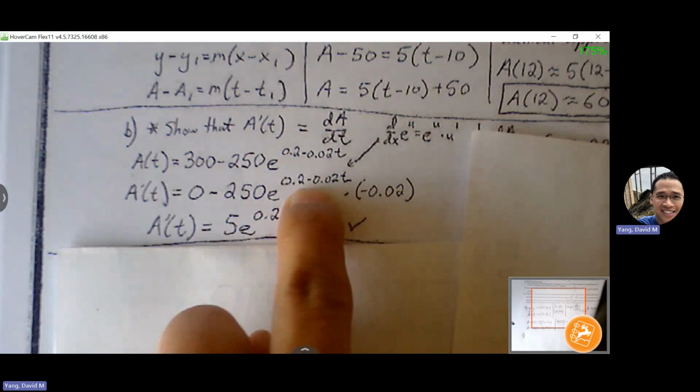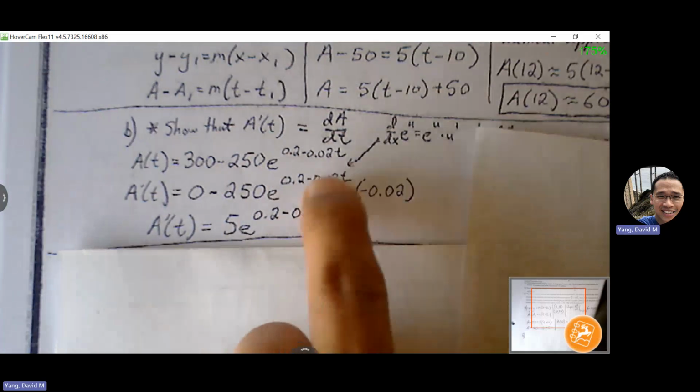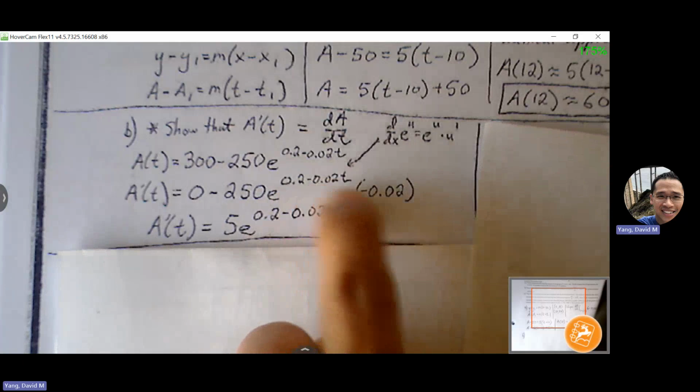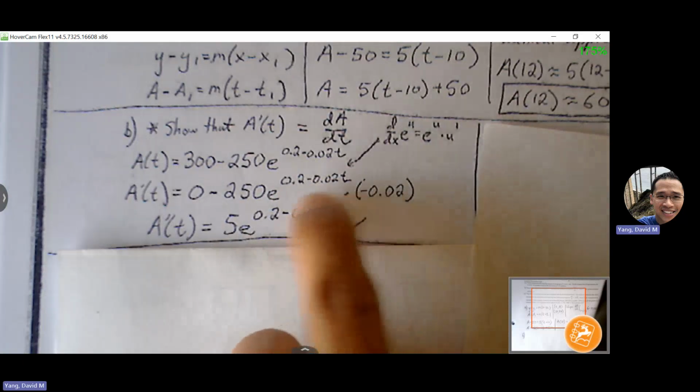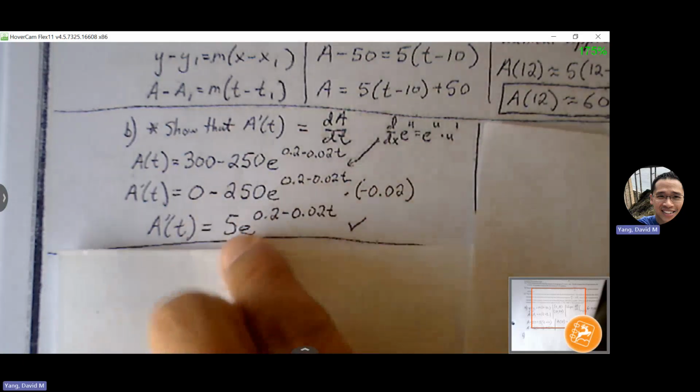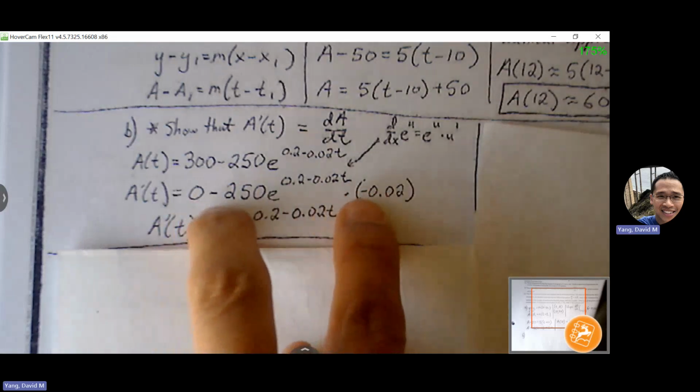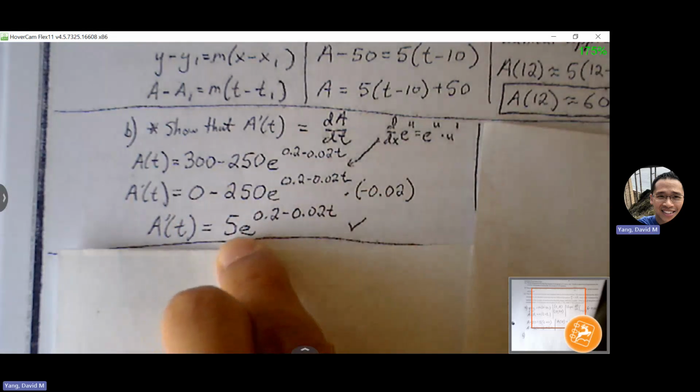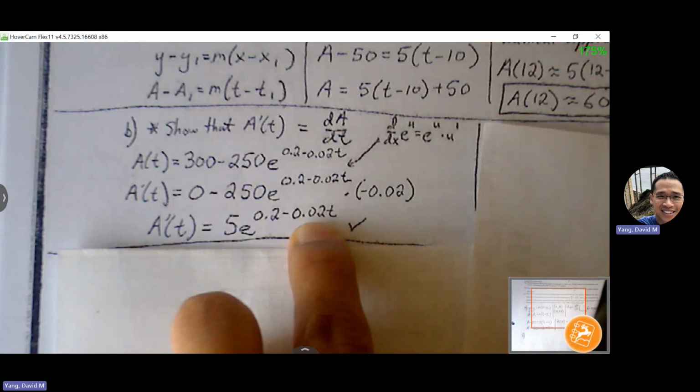The derivative of my exponent is just going to be negative 0.02 because that's power rule for my exponent. And if I clean that up, I can make that look like 5e because negative 250 times negative 0.02 is 5. So it's 5e to the negative 0.02t.